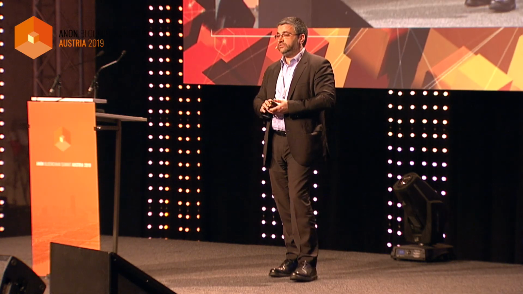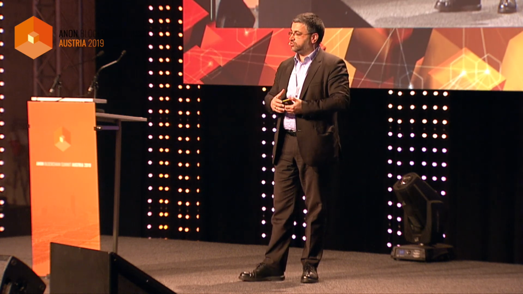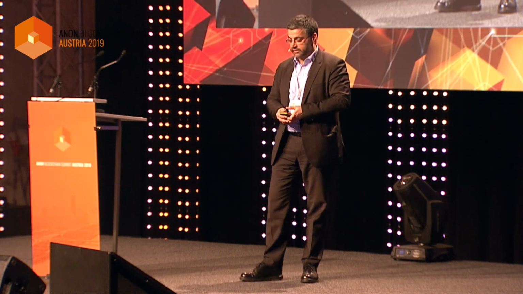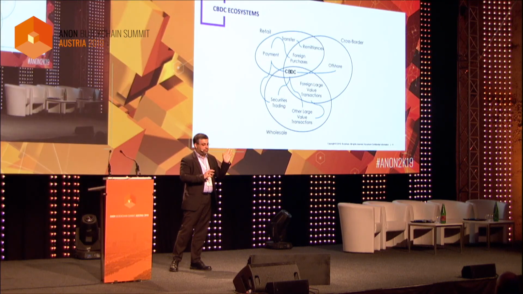There are also topics around stablecoins and how they could play a role in some of those, and we should explore those as part of the discussion as well. This is what we see as a CBDC ecosystem. There's retail, wholesale, and cross-border dimensions.